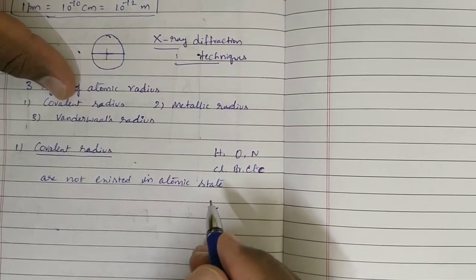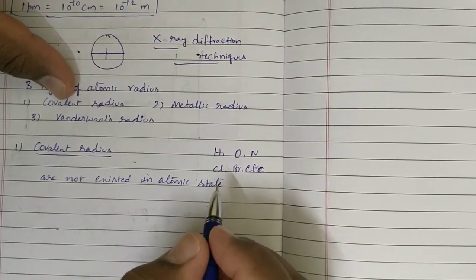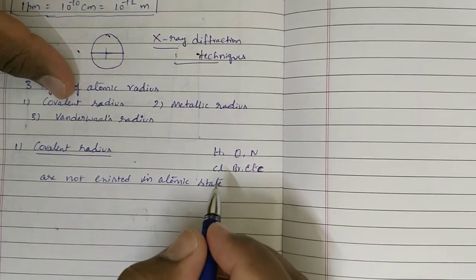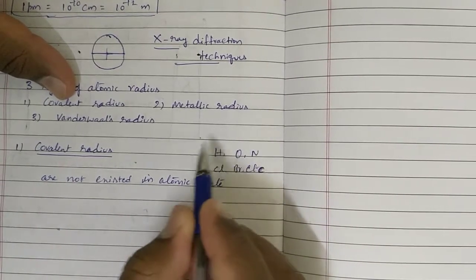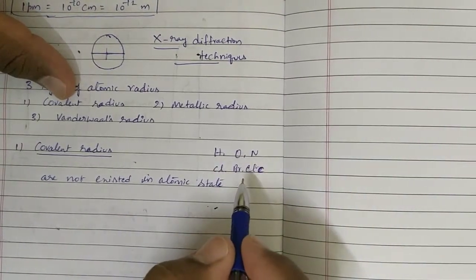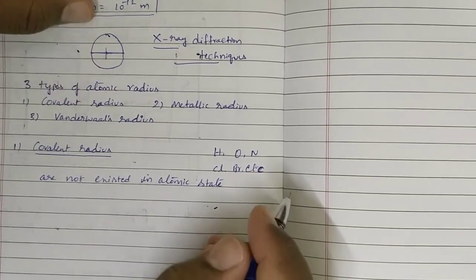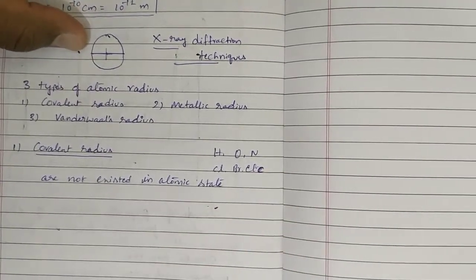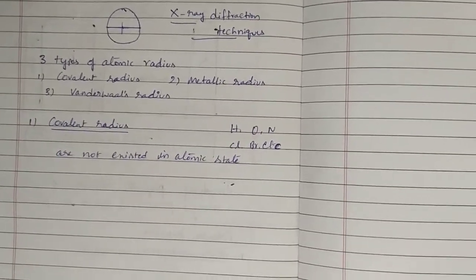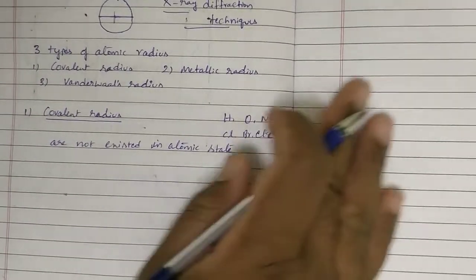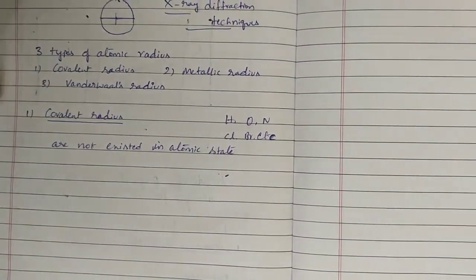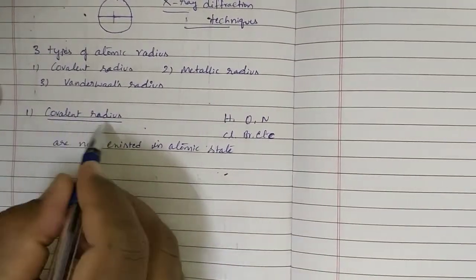These elements all exist in the form of covalent molecules, and from that we are going to obtain the radius of these atoms. That's why this is called covalent radius.